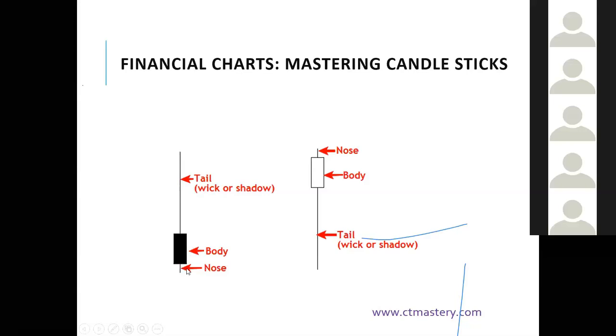This is the upper tail, upper shadow or wick. Then here, because it's small, some persons call it nose. Here too, nose, body, and tail. Now, it's not important that you know the names of all these things. The most important thing is that you understand the market psychology.